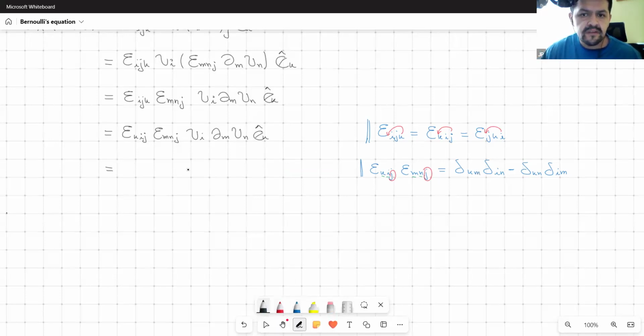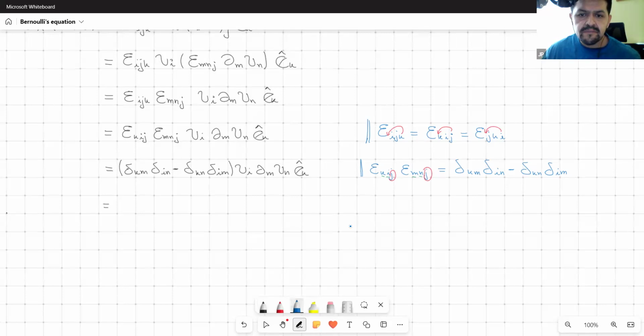We will do that here exactly here and say directly that this is delta km, delta in minus delta kn, delta im. And all of that times bi, partial with respect to xm, bn, ek hat.